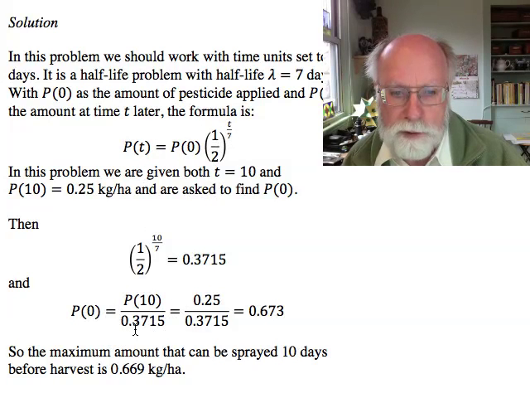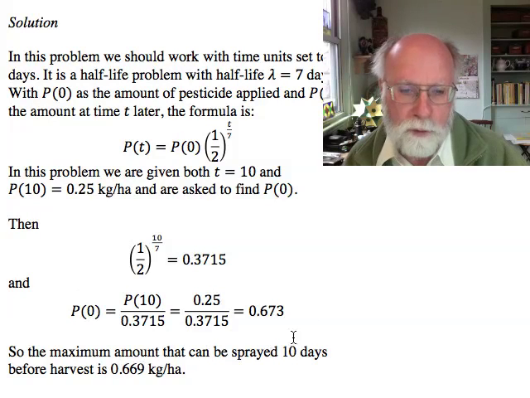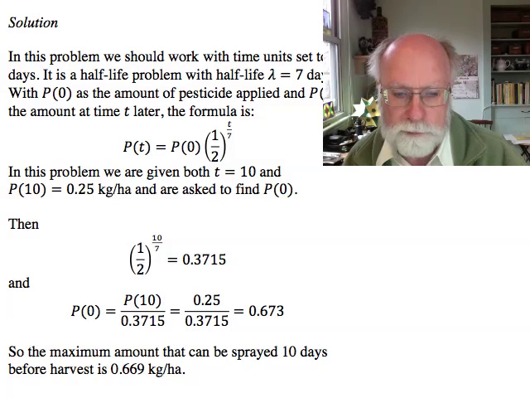So we divide it by 0.3715. P of 10 is 0.25, and so the initial amount is 0.673 kilograms per hectare. So that's the maximum amount that we can spray 10 days before harvest if we're going to end up with 0.25 kilograms per hectare at harvest.